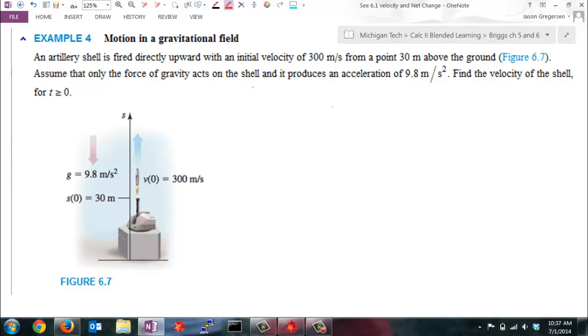So it says that this thing is fired directly upward with some initial velocity from some point 30 meters above the ground. Assume the only force of gravity acts on the shell and it produces an acceleration of 9.8 meters per second squared. Find the velocity of the shell for t greater than or equal to 0. So we're basically told the acceleration is 9.8 meters per second squared.